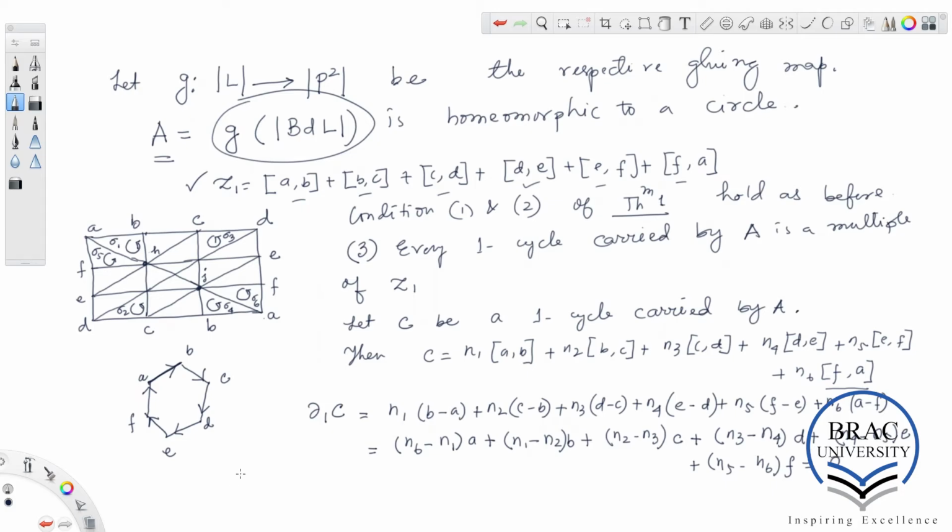And since this is equal to 0, we must have n1 equal to n6, n1 equal to n2.